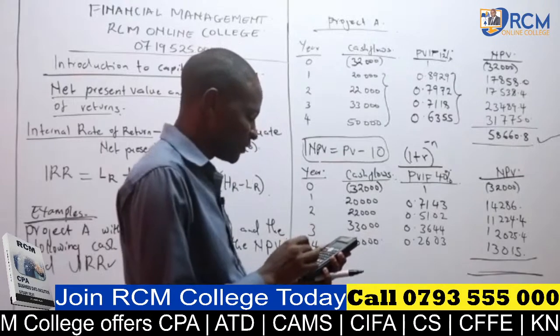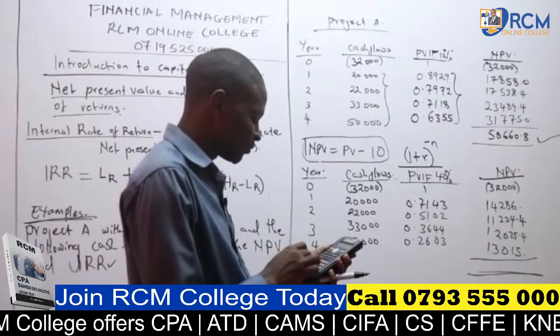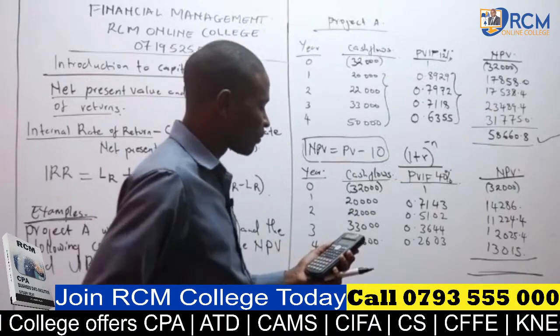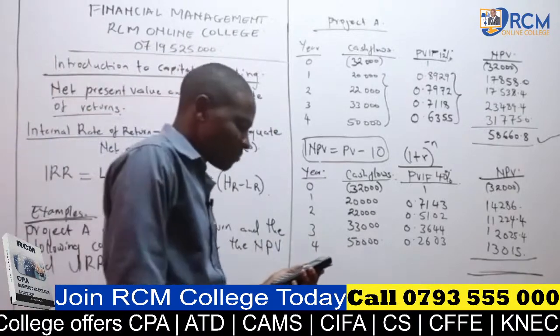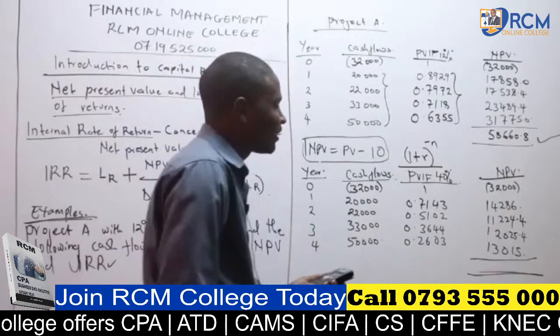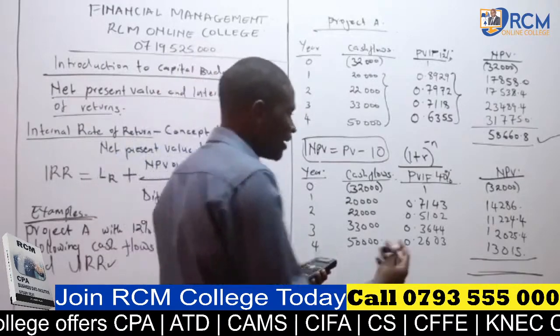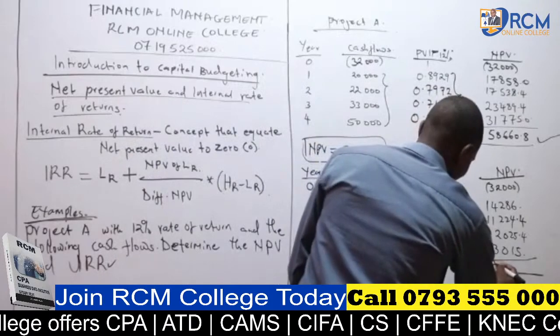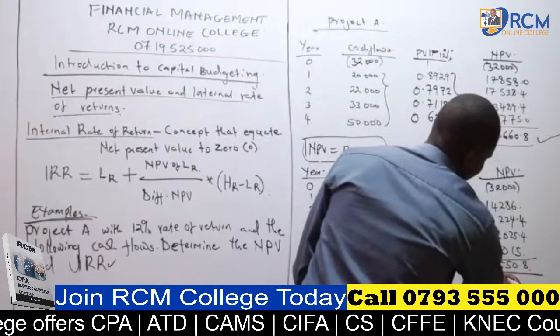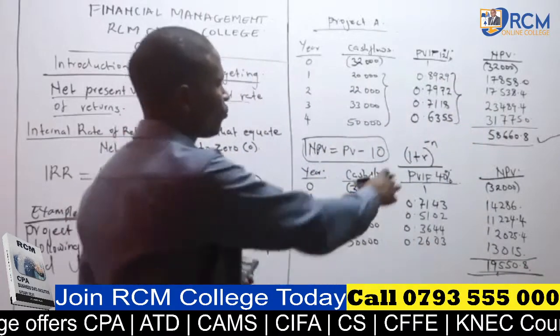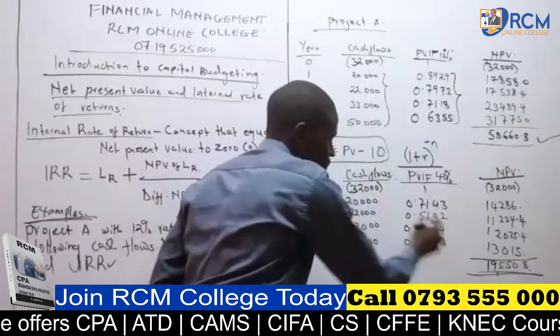It has just reduced with a very small margin, minus 32,000, 19,550.8 as my NPV. Still, this NPV is not negative, but at least it has reduced from 58. We have reduced to this.